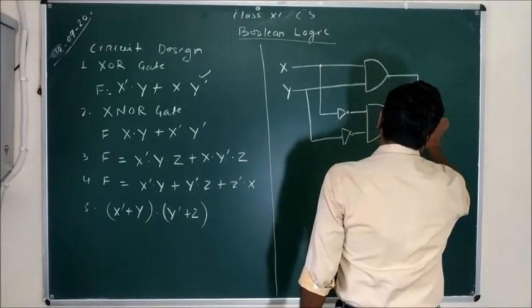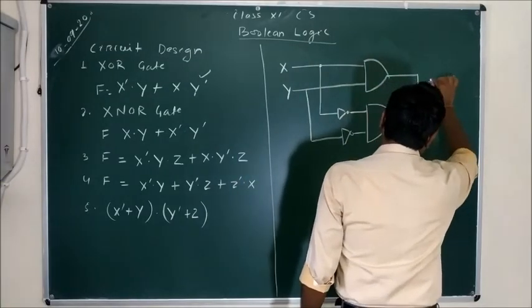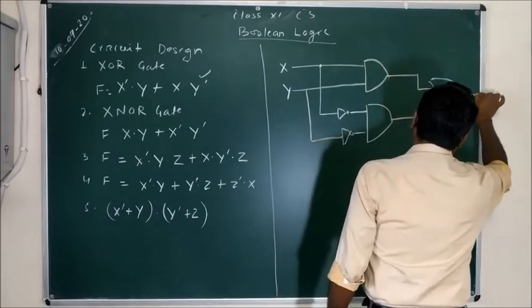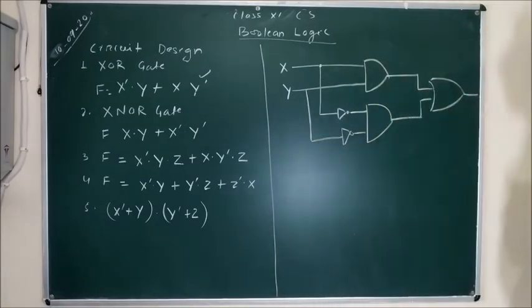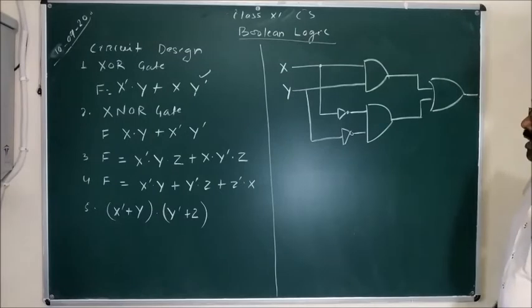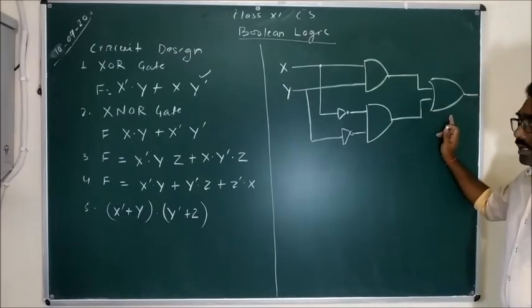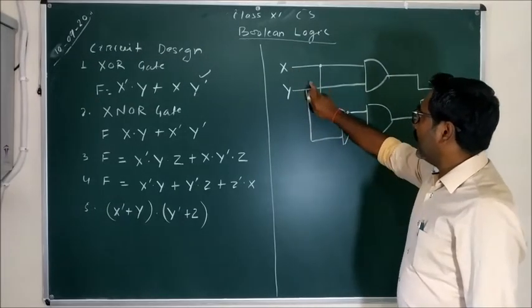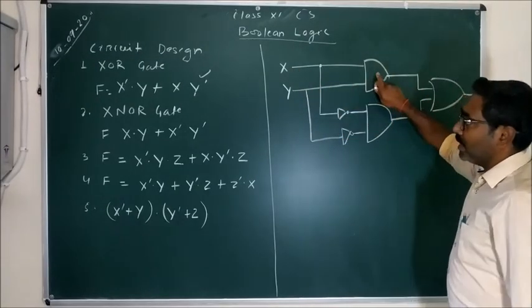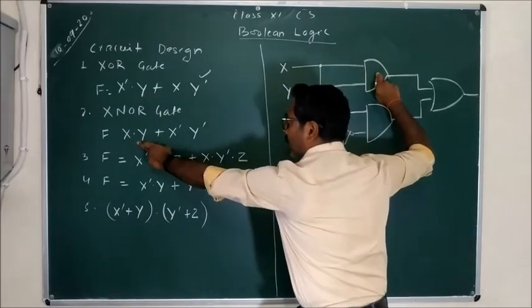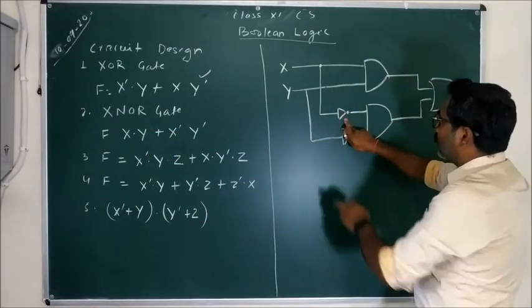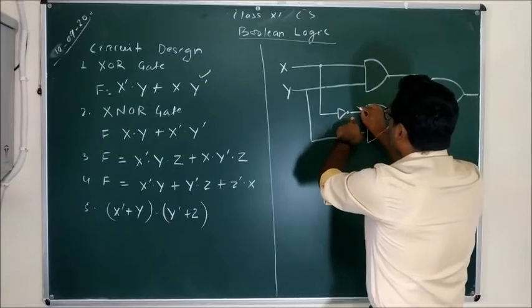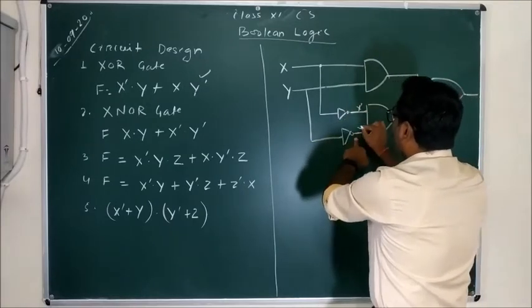Again through AND gate we'll have x dash dot y dash. Now pass these two gates through OR gate, so that we'll have now x dot y plus x dash dot y dash. Again I am repeating the process. X and y directly pass through the AND gate, so we'll have that x dot y. Now x through NOT gate, so here we have x dash, here we have y dash.